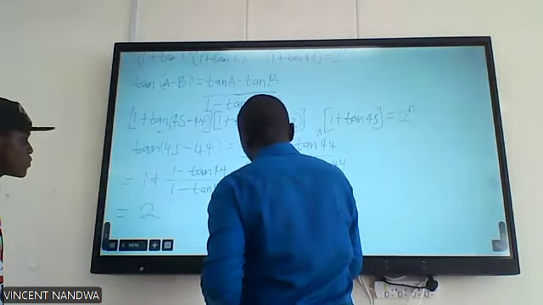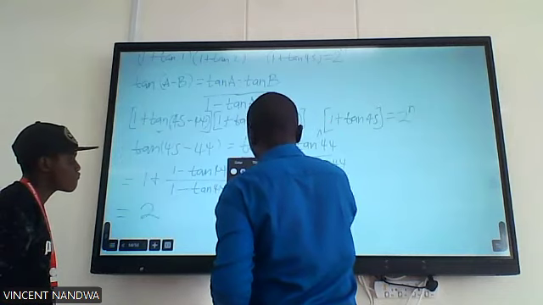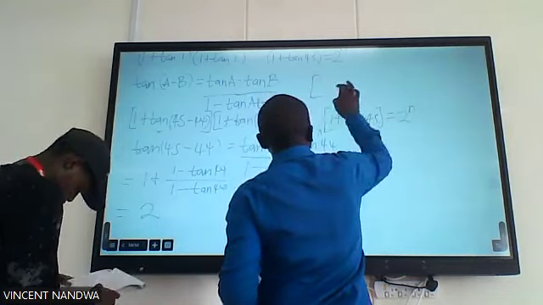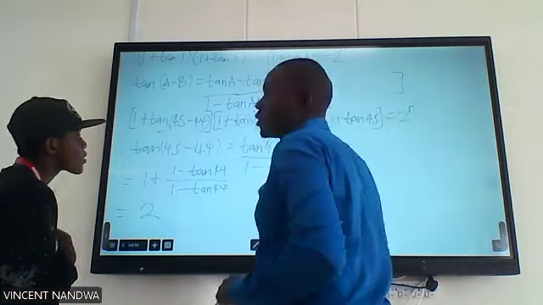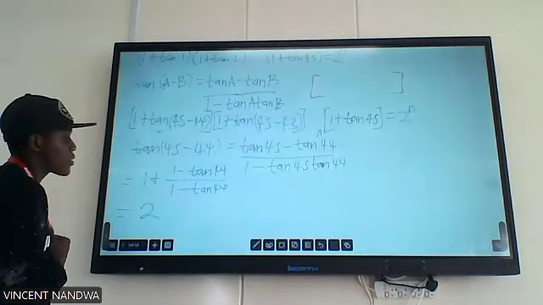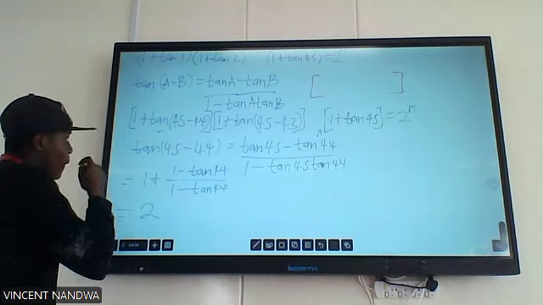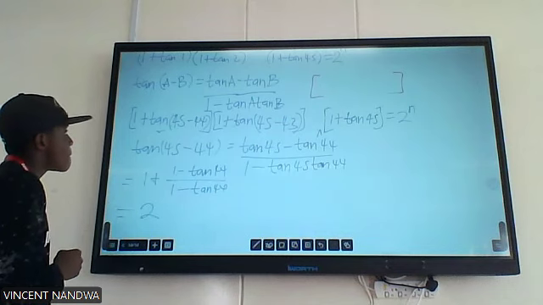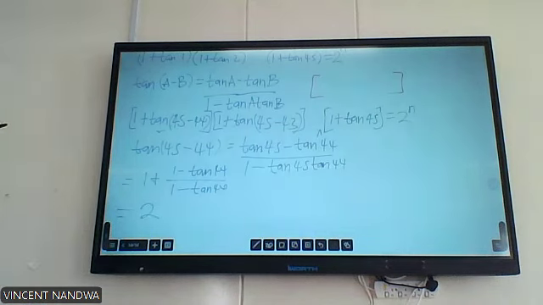So what is the term here? What is before this 1 plus tan 45? Which bracket is it?